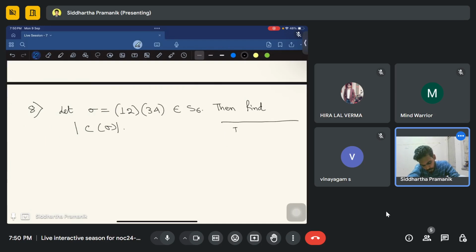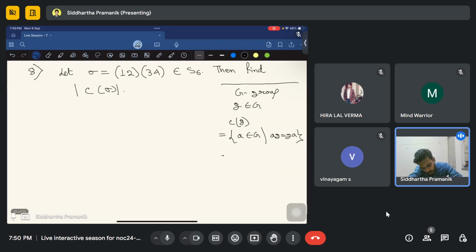If G is a group and g belongs to G, then the centralizer of g is the set of all elements of G which commute with g, and the conjugacy class of g is the set of all conjugates of g.